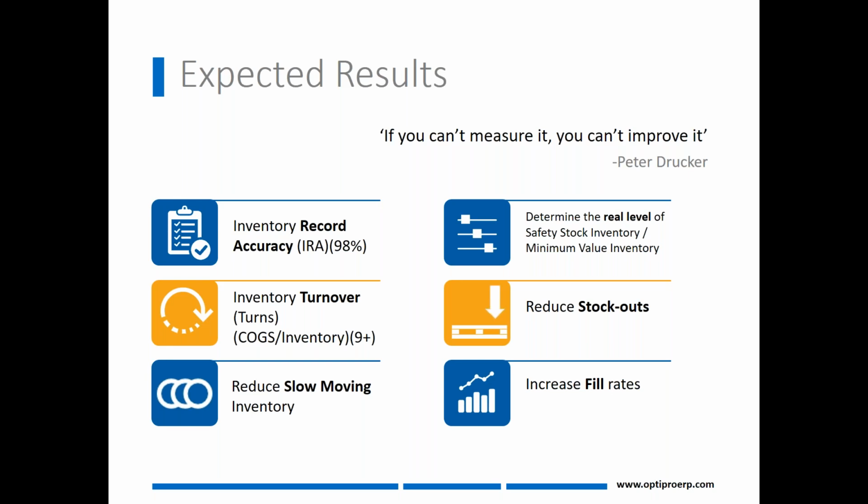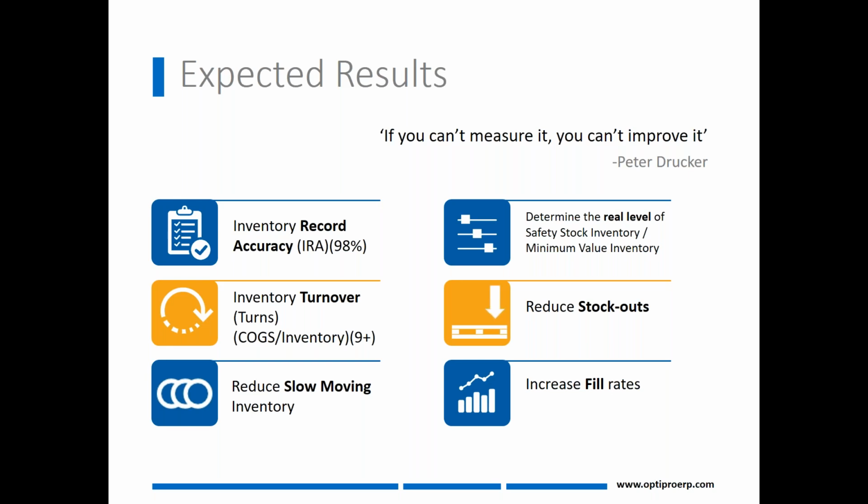Certainly, as Praneeth showed, we have the ability to measure our slow-moving inventory, and by measuring it, we can reduce it. We have to understand what the real levels of safety stock should be and what our minimum inventory values should be. It should not be just-in-case inventory.